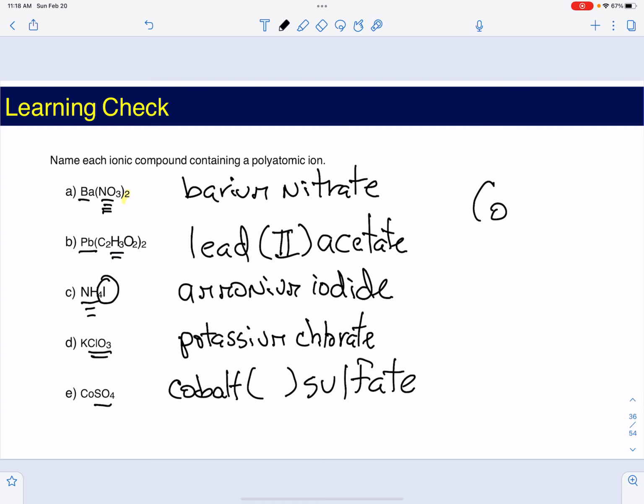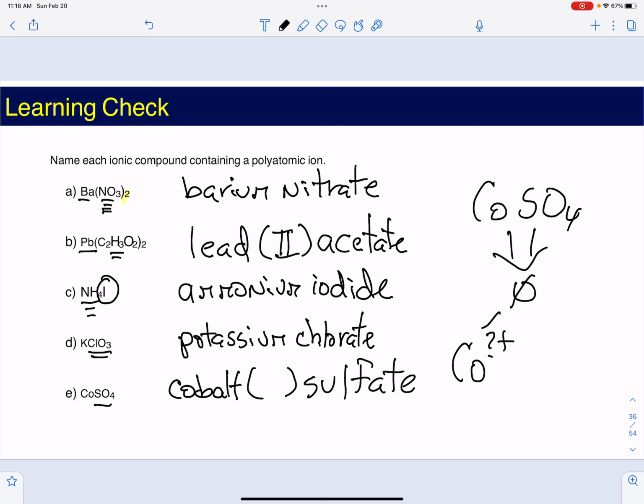And I know that the compound is going to be equal to 0. I know that the cobalt is a metal, so it's positive, but I don't know how much. And the sulfate, according to the polyatomic ion table, is 2 negatives. So this is going to be something plus 2 negative equals 0.